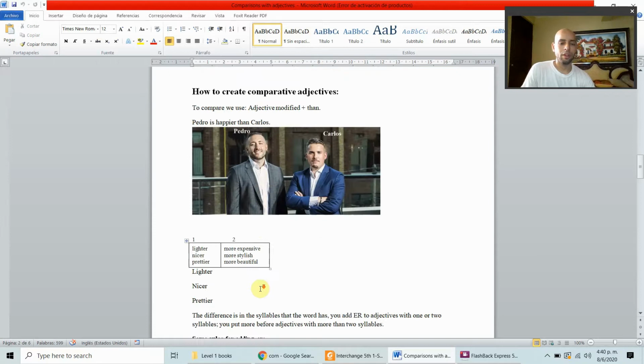So how to create comparative adjectives? To compare, we use adjective modified plus than. So in this picture, Pedro is happier than Carlos.